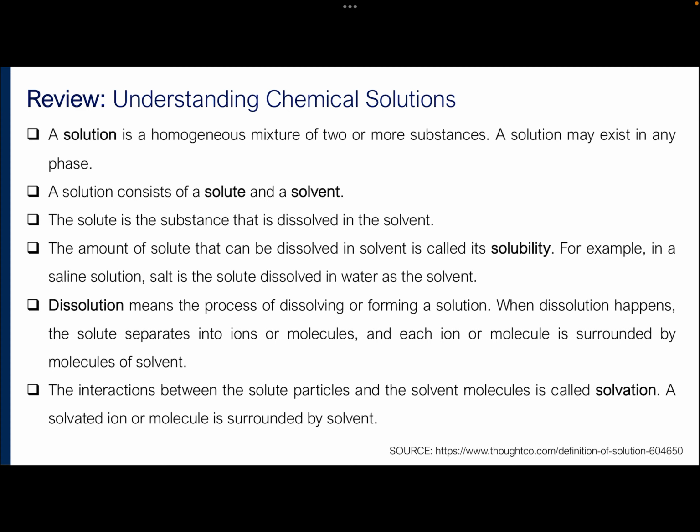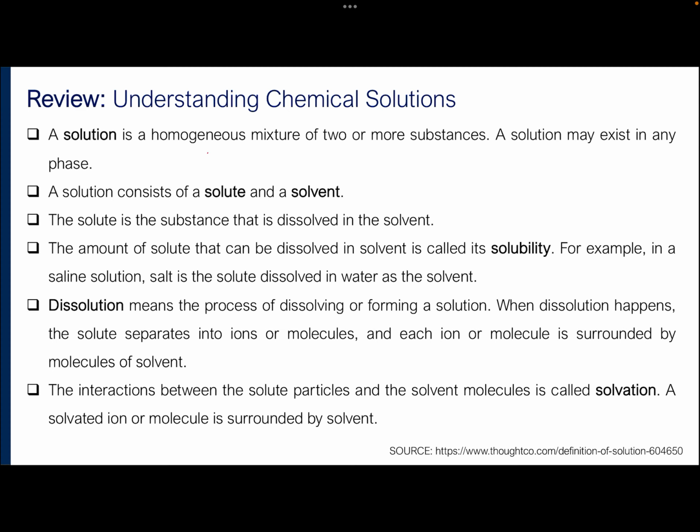Okay, so before to mag-calculate of molarity, let us first review the chemical solution, or we will understand the chemical solution. So a solution is a homogeneous mixture of two or more substances. So a solution may exist in any of the phase.